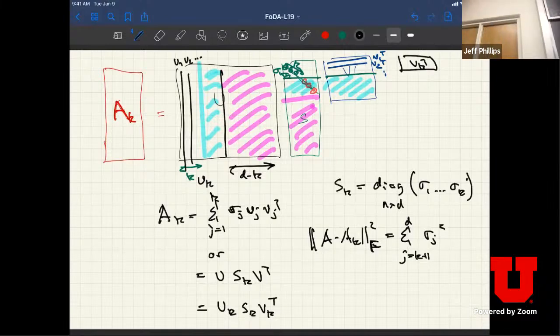So I claim this is the best rank K approximation, minimizing the norm of the difference over any rank K matrix A_K, and that's just the smallest singular values after K.